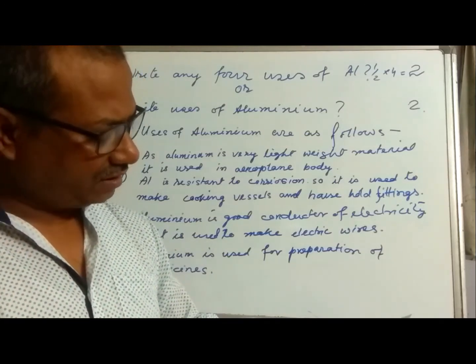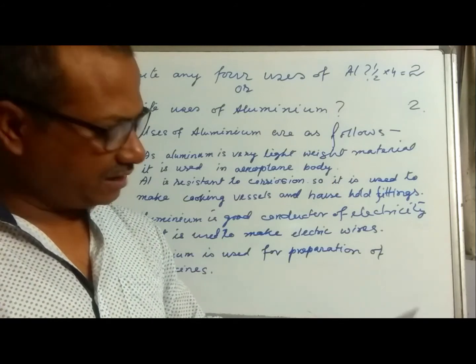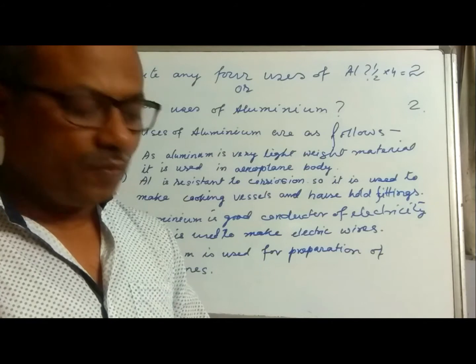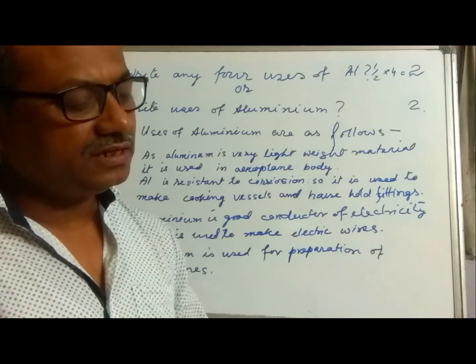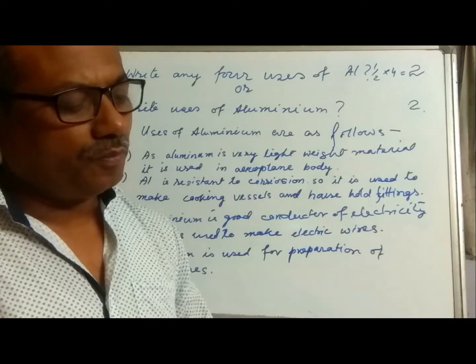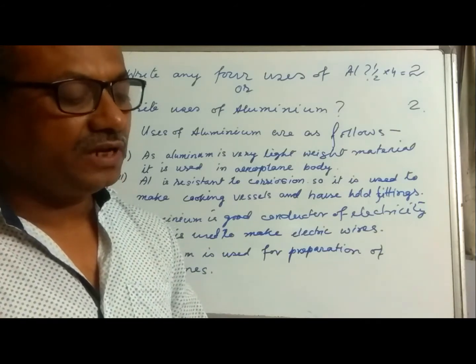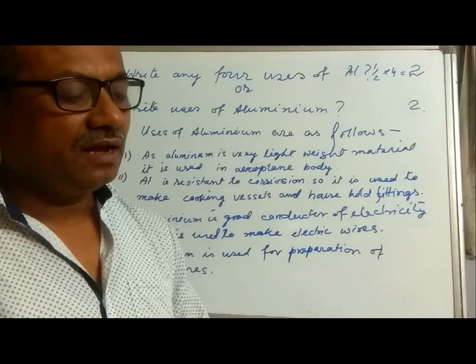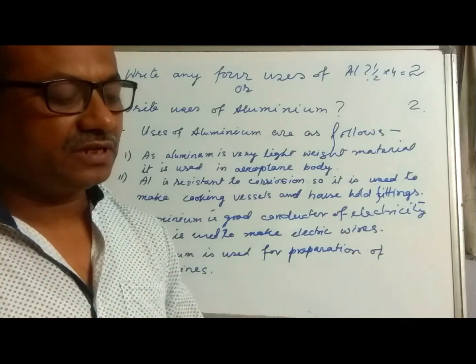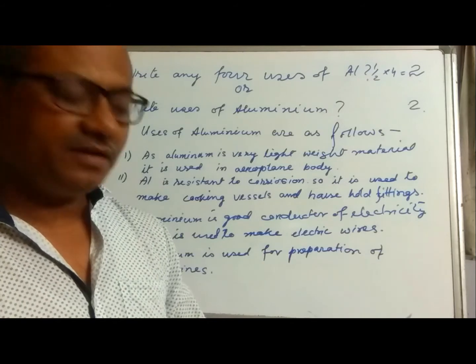First of all, hydrogen is used as an energy source. Hydrogen-oxygen flame is used in welding. Hydrogen is used in preparation of many compounds. Hydrogen is used as a reducing agent.